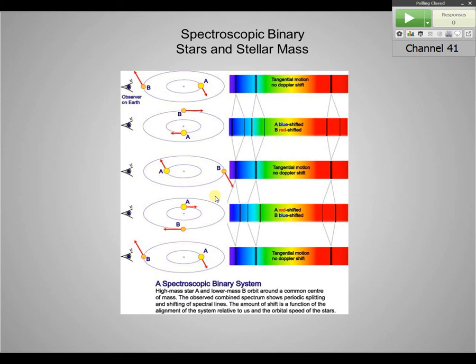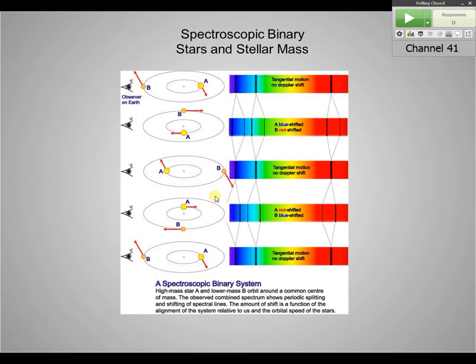In which case that nice neat line that you first detected is going to be shifted, right? So this line that should be here has been shifted over to here and here. One due to one star and one due to another star, because this one is moving towards you, so it is blue shifted, and this star that's producing this line is moving away from you, so it's red shifted.